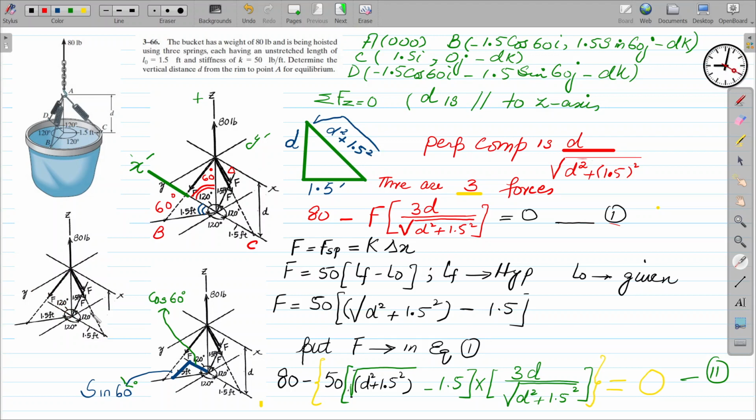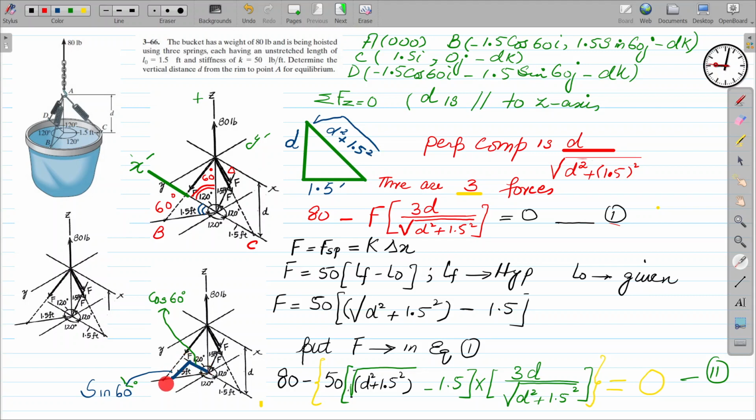So we have just assumed that this axis is going straight and cutting it equally between the two. This angle is 60 degrees and this angle is 60 degrees. Now these are the two components of the 60 degrees. Along the x-axis the component of 60 degrees will be cos 60, and the component opposite to 60 degrees will be sine.